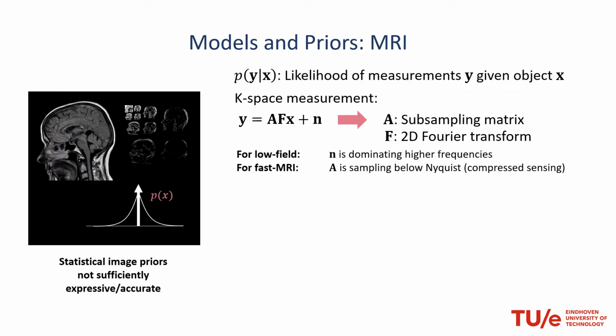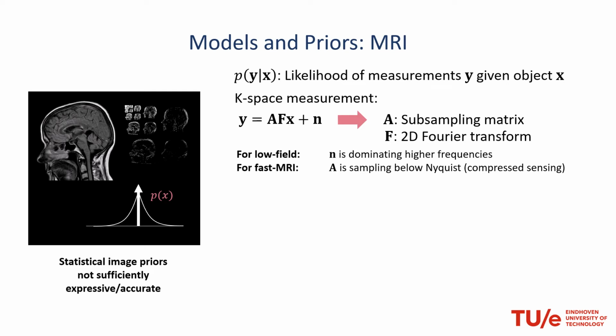So what does that look like for MR? In MR, the likelihood of measurements y given object x is dictated by the measurements that we're doing in k-space. So in MR, we're sampling lines or coefficients in k-space, which is the 2D Fourier transform of the underlying image.